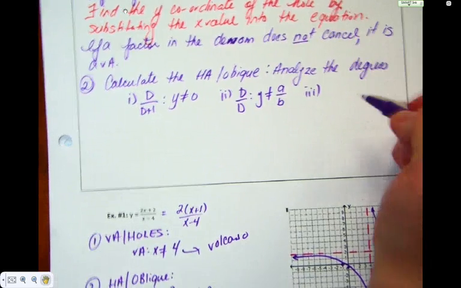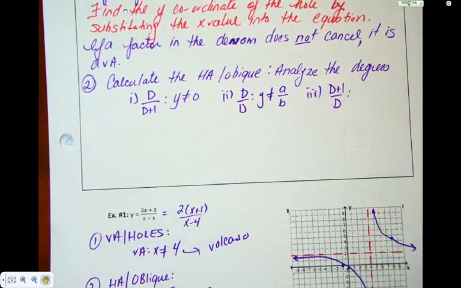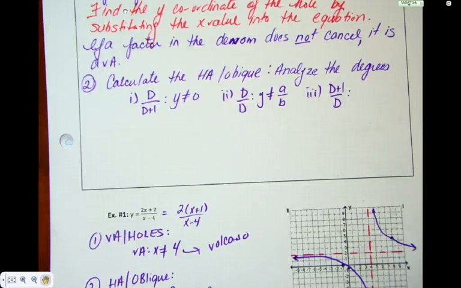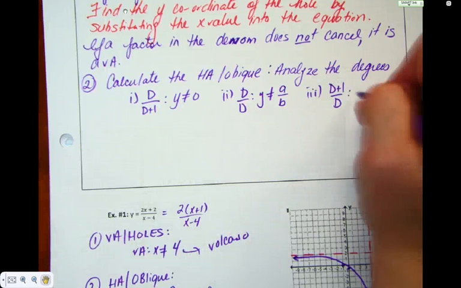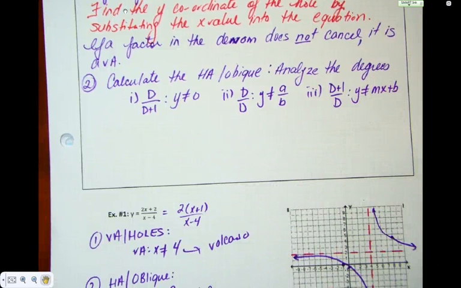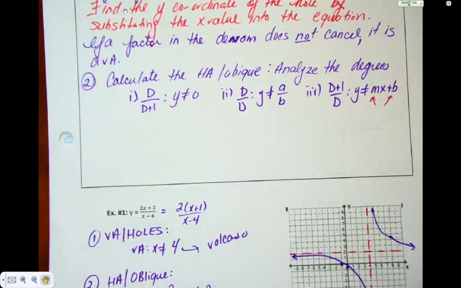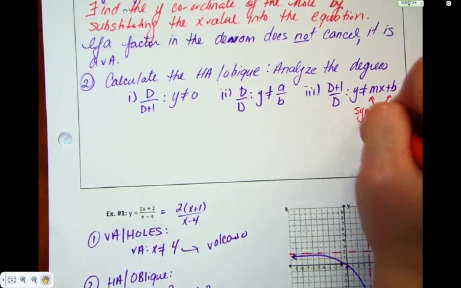Third situation. Oblique, so that is y cannot equal mx plus b. And how do we find the m and the b? Synthetic division.